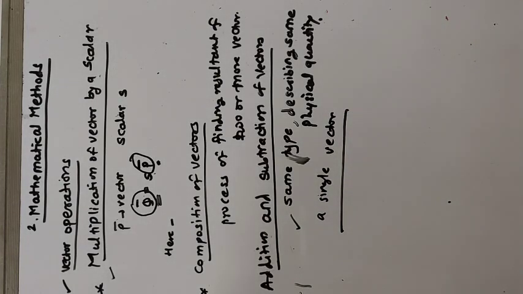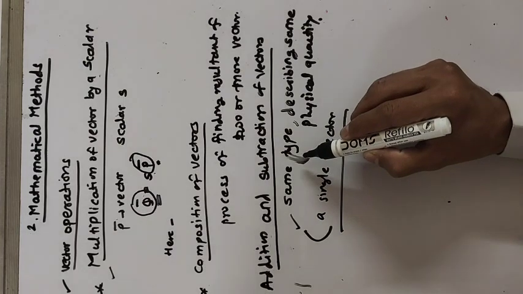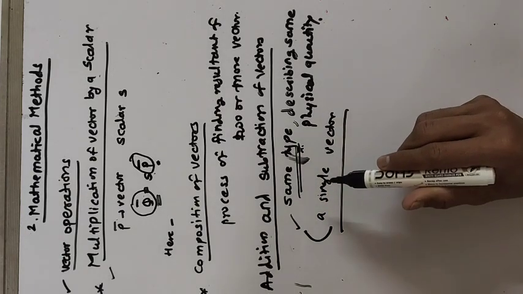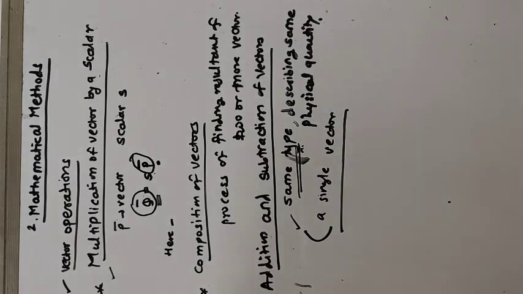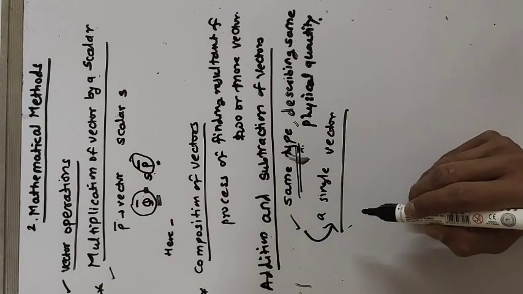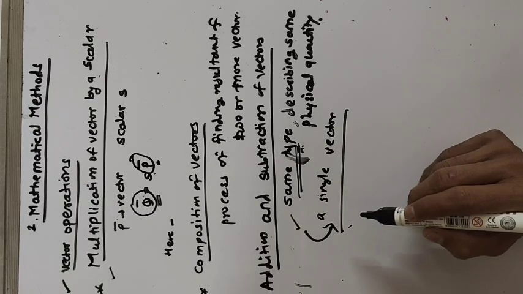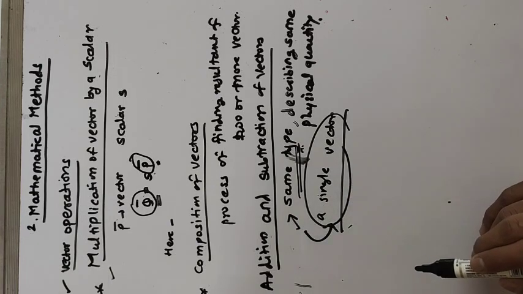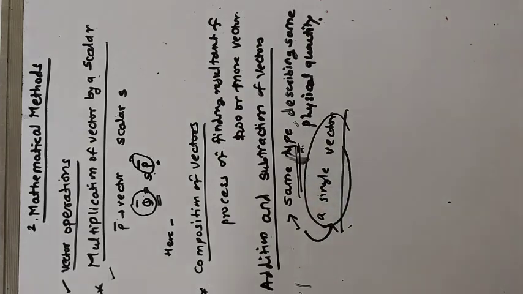Such that the effect of this single vector is the same as the net effect of the vectors which have been added or subtracted. Okay, this is the addition and subtraction of vectors.